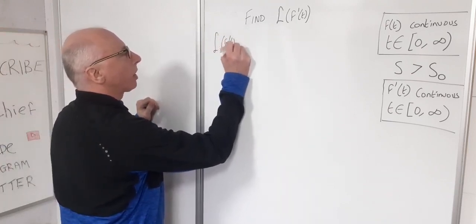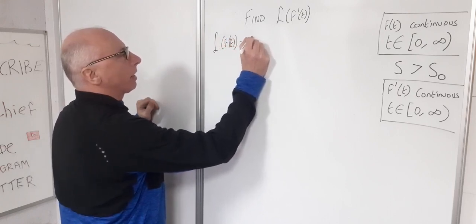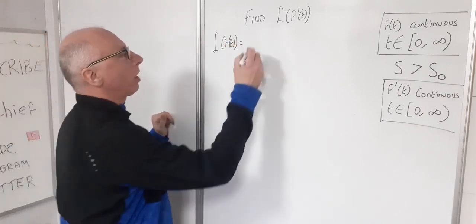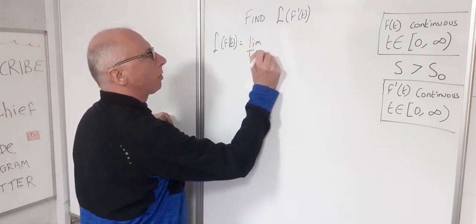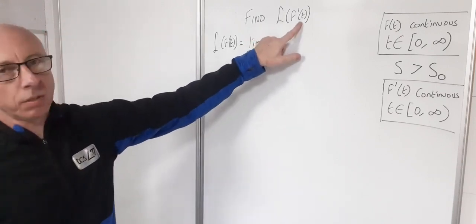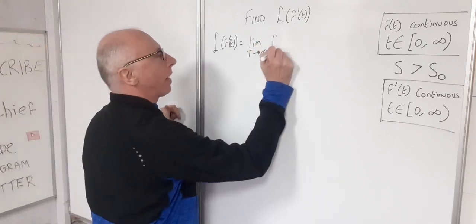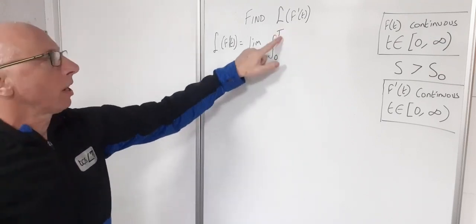So the Laplace transform of the derivative, that is usually set out into some kind of integral. What I always set them out as is the limit as capital T approaches infinity. You'll notice here we've got lowercase t, so I'm going to explain that in a moment. Now that goes from 0 to T. That's our parameter of integration.